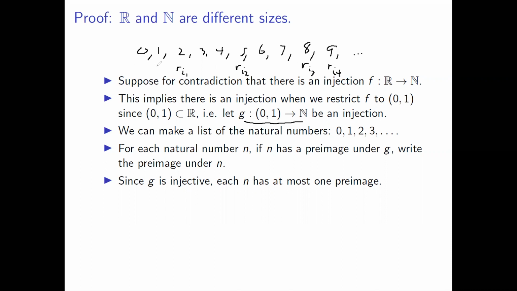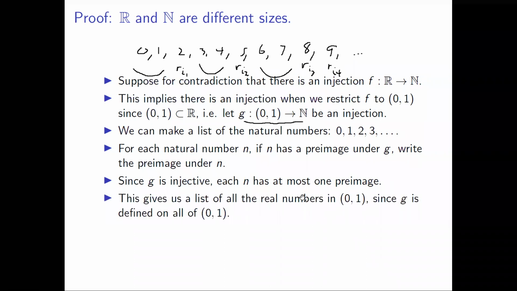Then once we've written all the possible preimages under them, if there are any gaps, like the gap we have here, gap here, gap there, we can get rid of the gaps. And this is going to give us a list of all the real numbers in the open interval 0, 1. Because this injection G is defined on all of those real numbers in the open interval from 0 to 1.